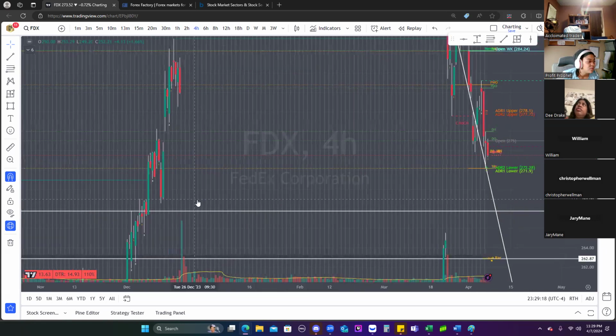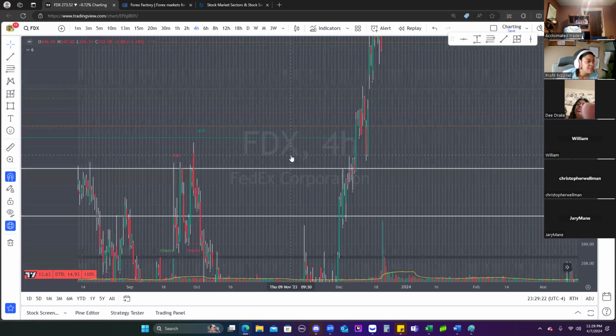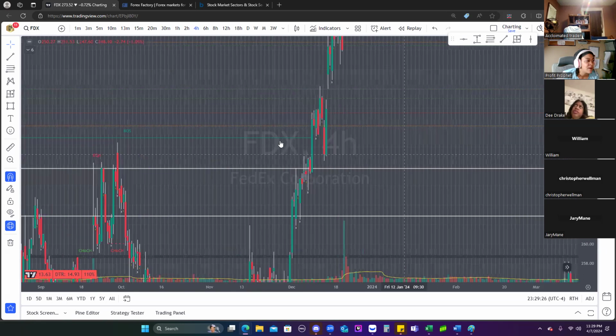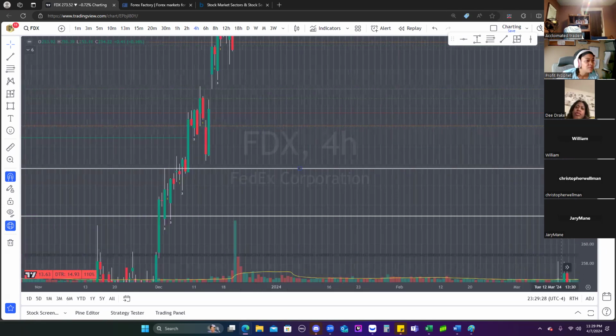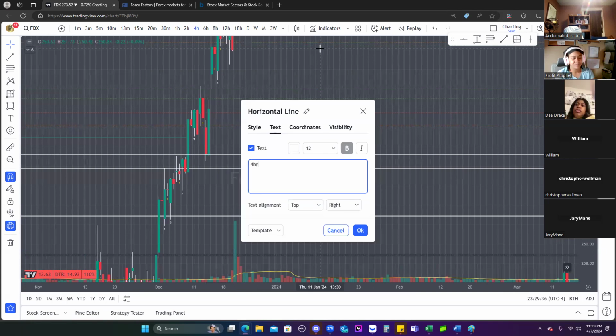So 269, right here at the bottom of these two. So that could be a realistic target right here on the 4 hour. Right before gap, then gap.